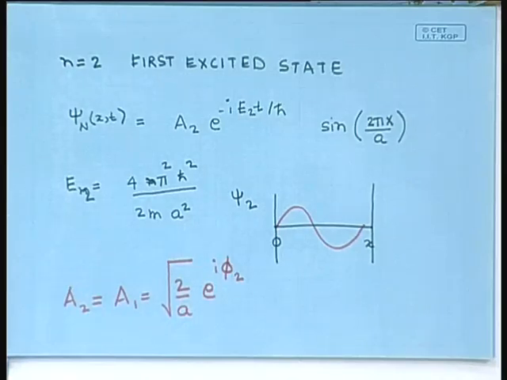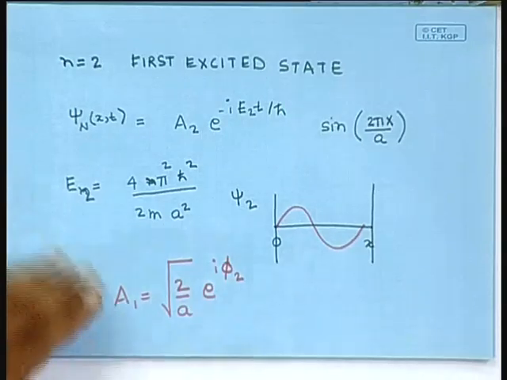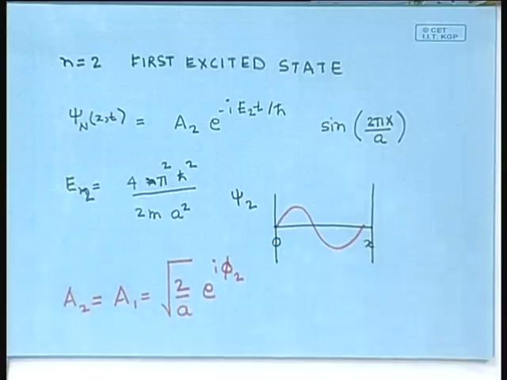We could similarly work out a3, a4, a5, etc. And let me discuss some general features of the wave function for a particle in a potential well.